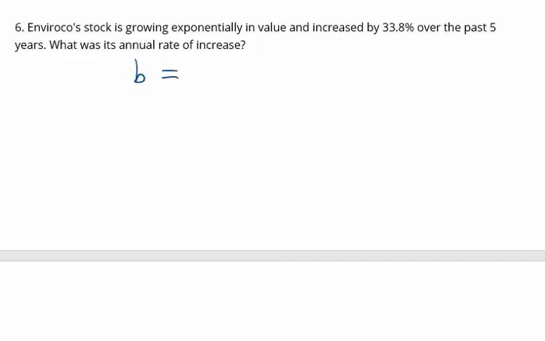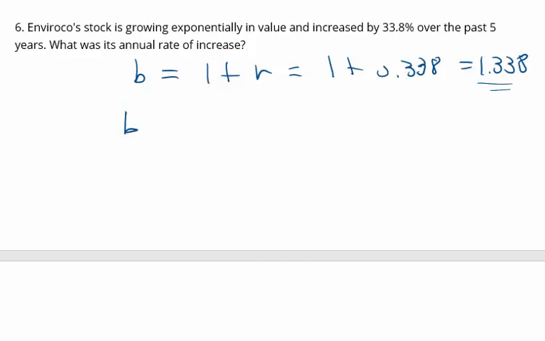Our 5-year growth factor is 1 plus R, or 1 plus 0.338, which is 1.338. Okay, but we want the annual growth factor, so we're really going to take this B and raise it to the 1/5.